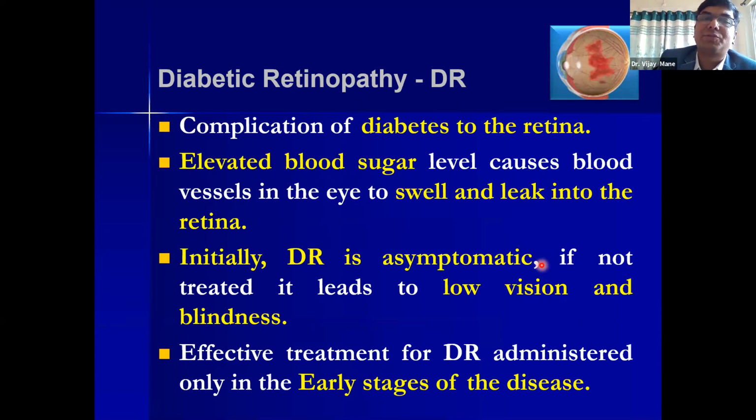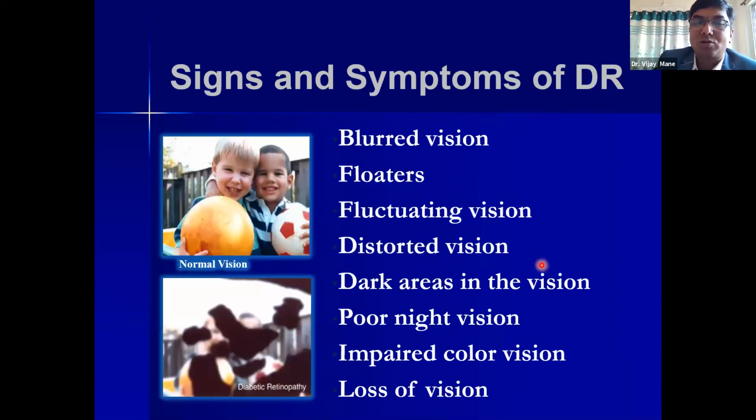Once the leakage of blood into the retina or the eye has started, it may increase, and that may lead to loss of vision. For a person having DR or advanced stages of DR, you can see an image like this, where these are nothing but blood ruptures.